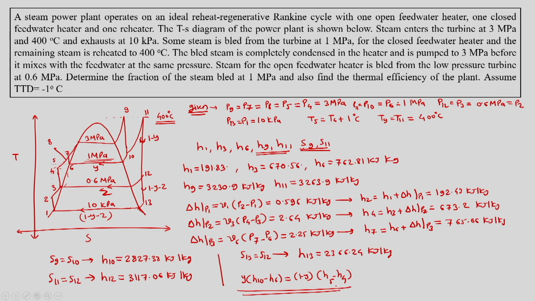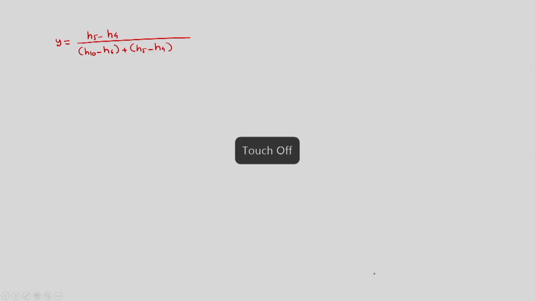So this is the energy balance. With this formula for Y, we can put in all enthalpies and get Y as 0.0424.